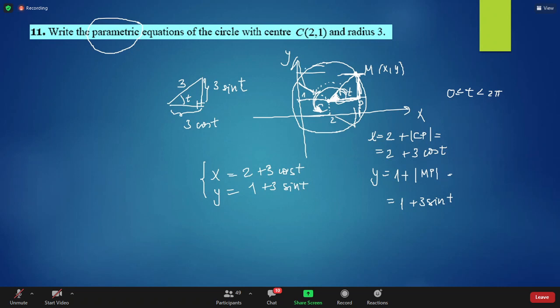Also, you could remember projections of a vector, because in principle, what we see here is the projection of the vector CM, that would be CP, with a positive or negative sign. So this is the projection of the vector CM on the x-axis.